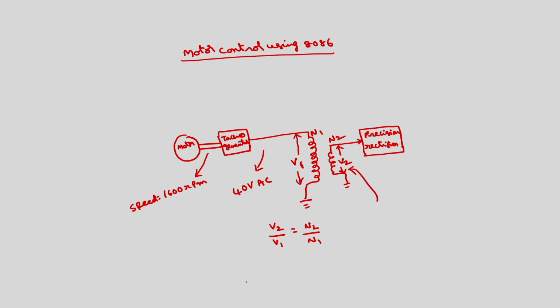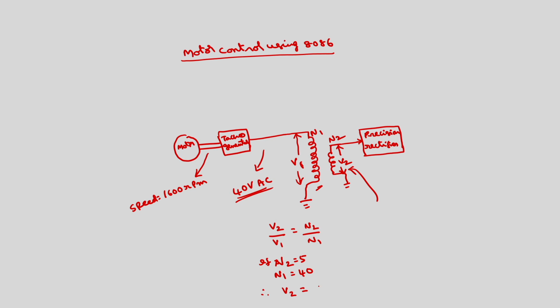If I take V1 as 40 volts, and if I take the turns ratio as N2 equal to 5 turns and N1 equal to 40 turns, then what will be V2?